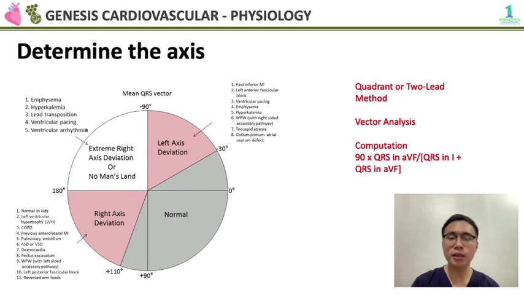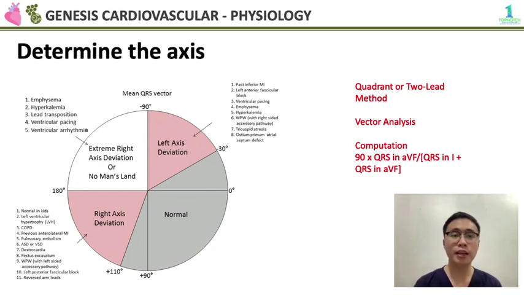Ulit, 90 times AVF, the entire thing divided by 1 plus AVF. Okay? So, for the two-lead method, usually we use this shortcut method. Because it's hard to compute all the time, especially when you're in a hurry. Diba? Maglalabas ka pa ng cellphone, magko-compute ka pa.